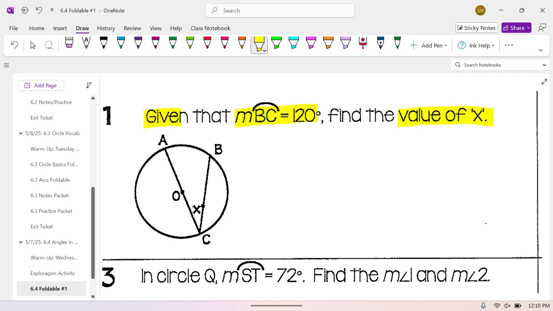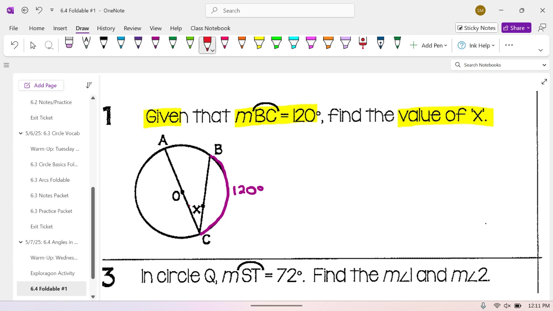It's to the right in between the letters B and C. Since we're only naming it by 2 letters, is BC a major or minor arc? It's minor. So does that mean I'm taking the shorter path or the longer path from B to C? The shorter. So that would be over here. So this is arc BC, which they told us is 120 degrees.